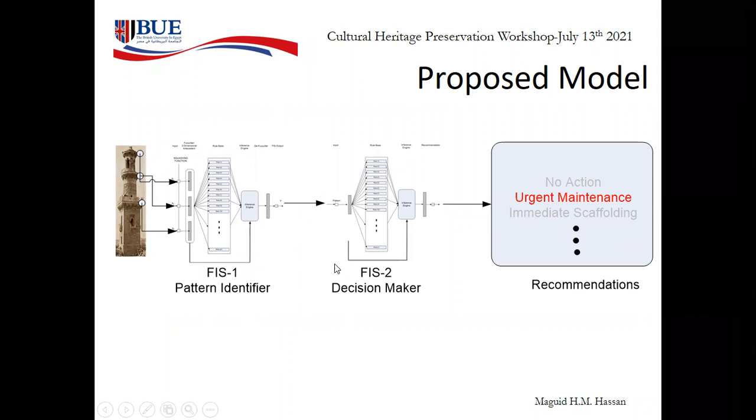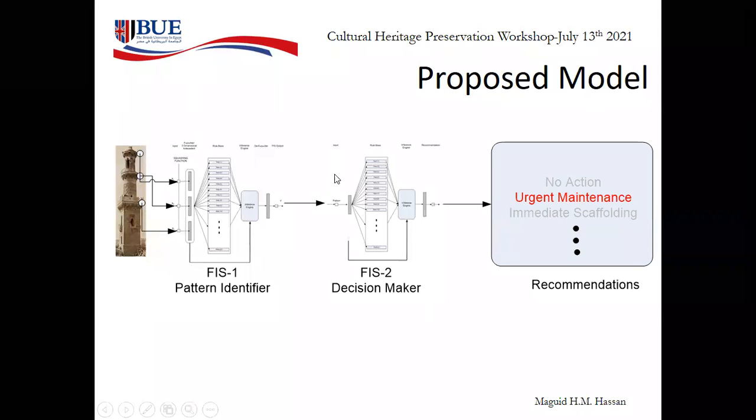And this shape is going to be sent to a fuzzy decision maker, which has, again, a rule base with potential outcomes based on the shape of this minaret. If it exceeds an acceptable shape, or a certain part of it has exceeded a certain position or deformation, then it will present recommendations or sound alarms.